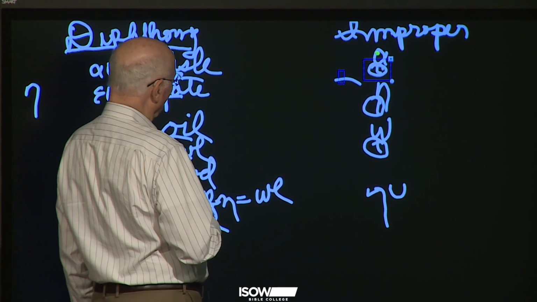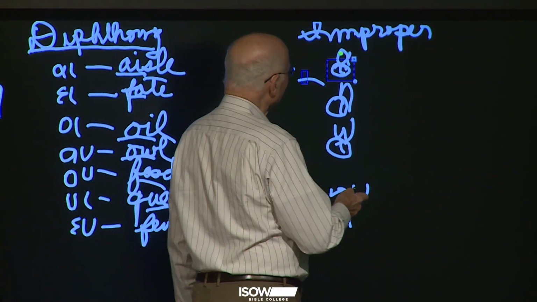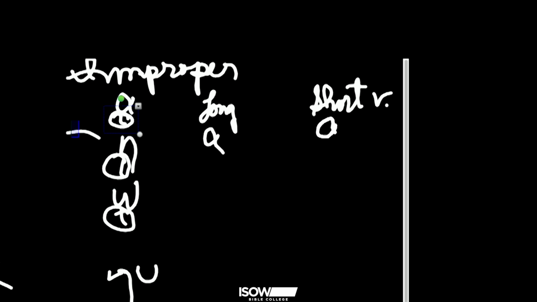Now we have long and short vowels. One of them is alpha, and it can also be short. With the long vowel, you hold it a little longer than you would with the short vowel.